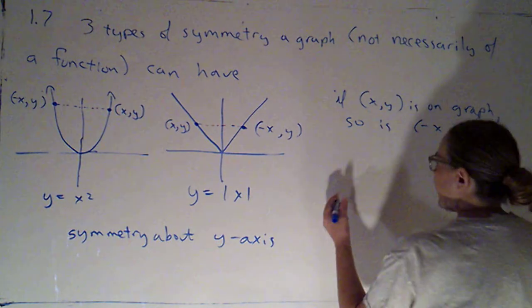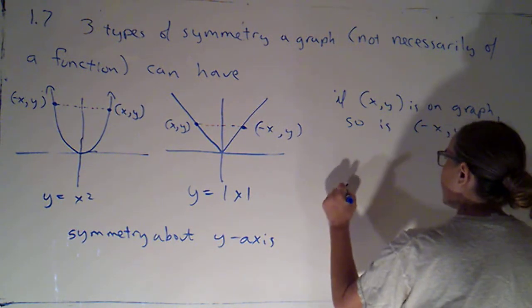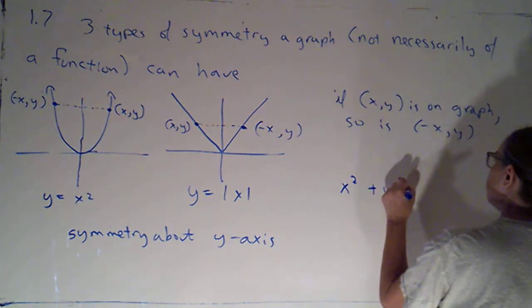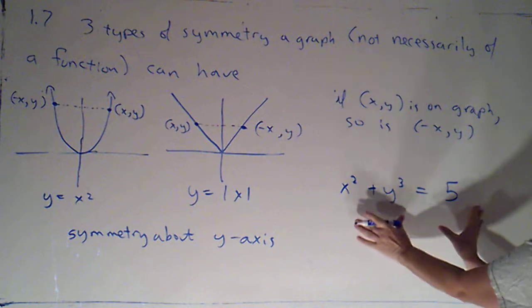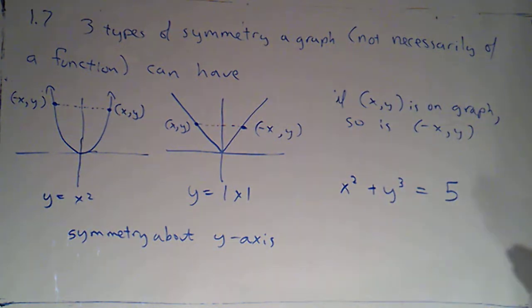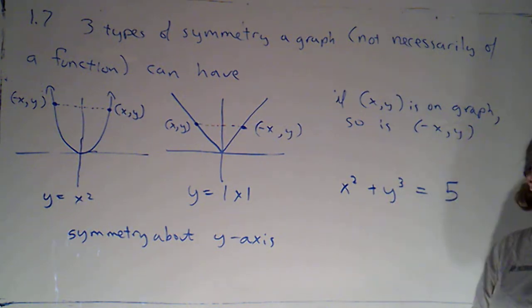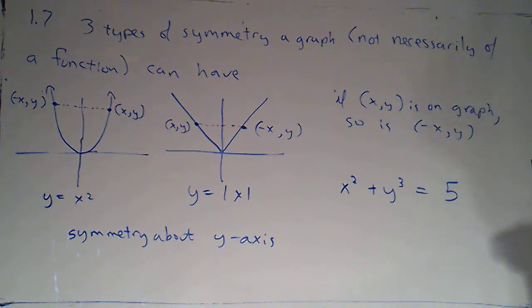So let's say I had something like x squared plus y cubed equals 5. So here's an equation. This one I think I could solve for y, so this one does represent a function, although it's not in standard form for that.